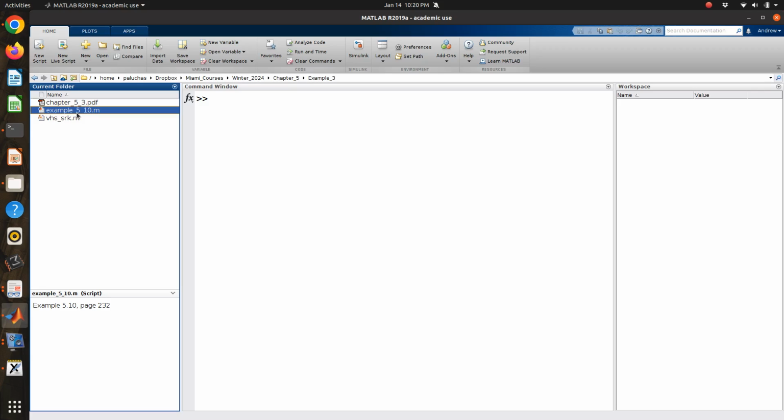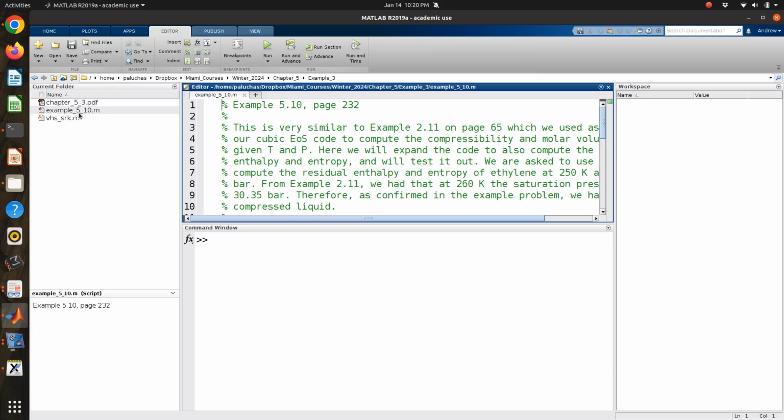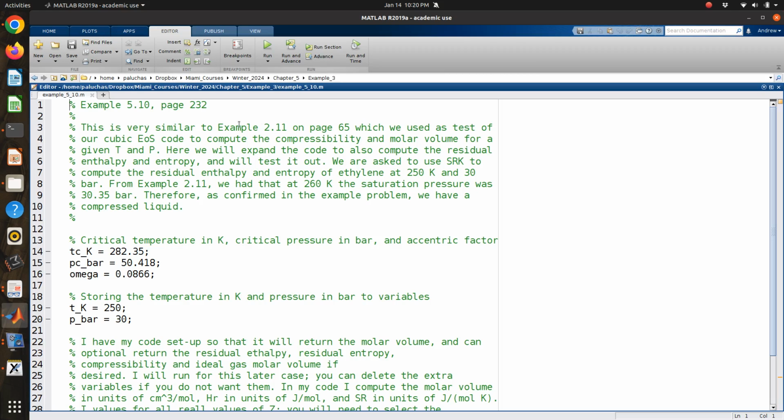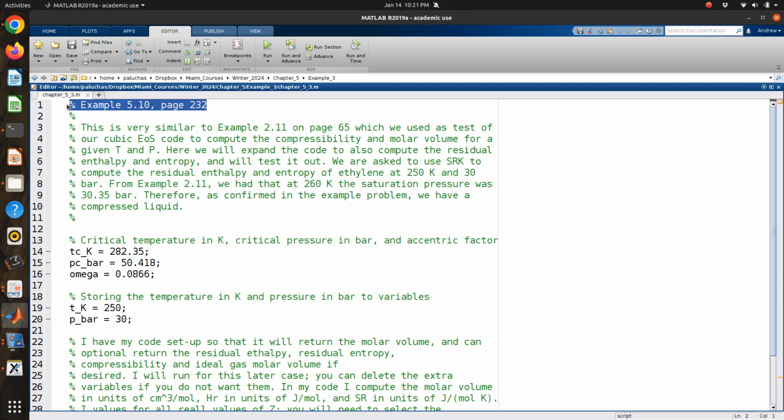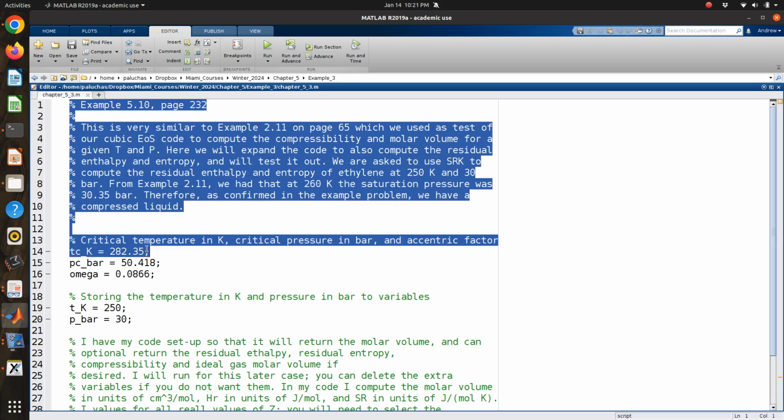When I wrote my SRK equation of state code, I applied it to example 5.10 in the book, where the book provided a solution, so I could confirm that my code was correct. I'm going to take that script and create a copy. I'll do a file save as, and call this chapter 5.3, since this is example 3, and update it for this problem.